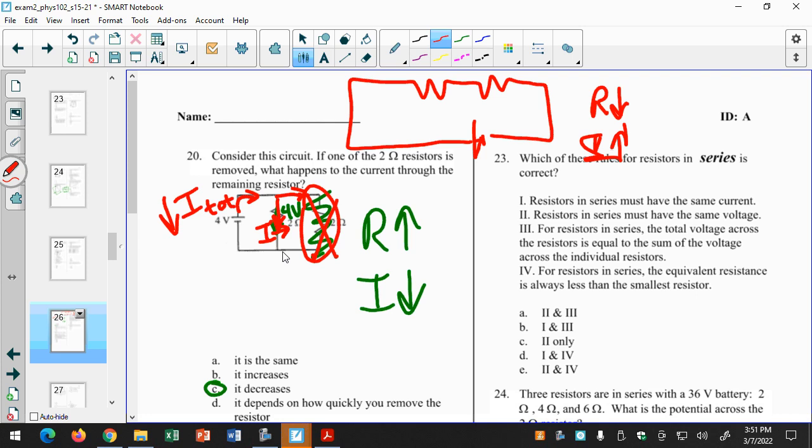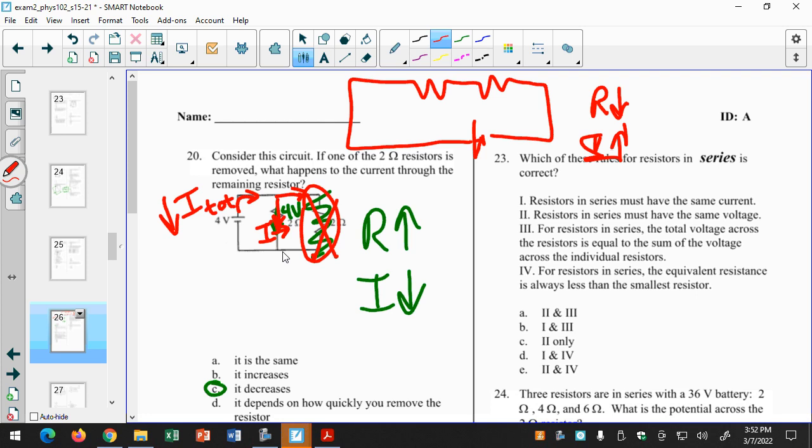Take them away, the resistance goes down. If I take away this resistor, the equivalent resistance goes down. I have less resistance to the flow of electricity, and so my current is going to go up. But the current in that one resistor still stays the same? No, it's going to go up, because the current is constant throughout it. The current here is equal to the current here. Resistors in series have the same current.